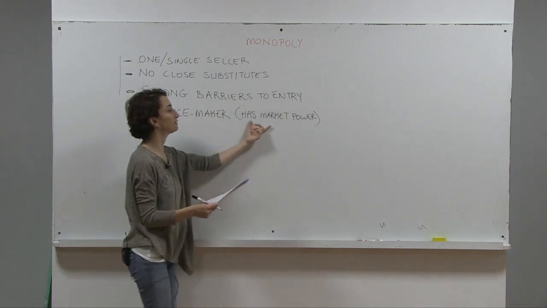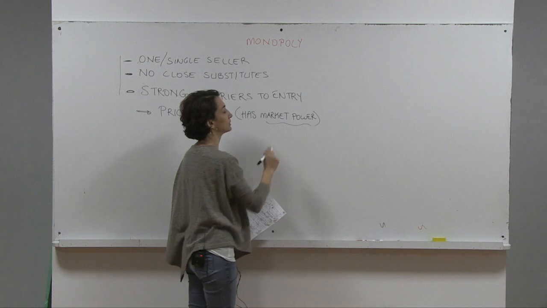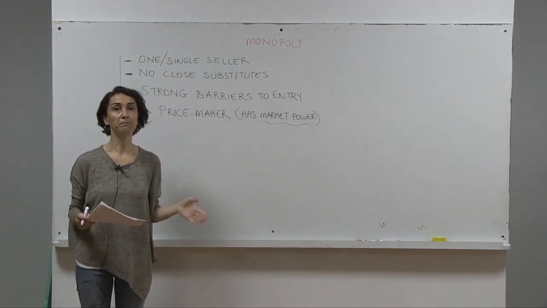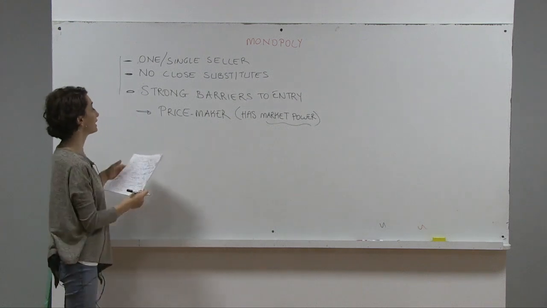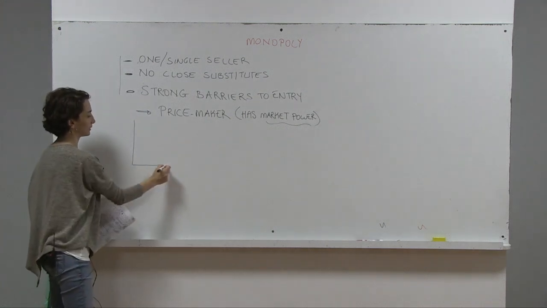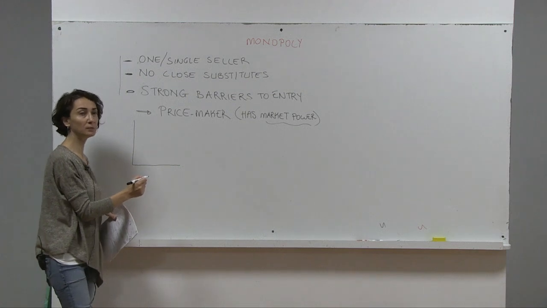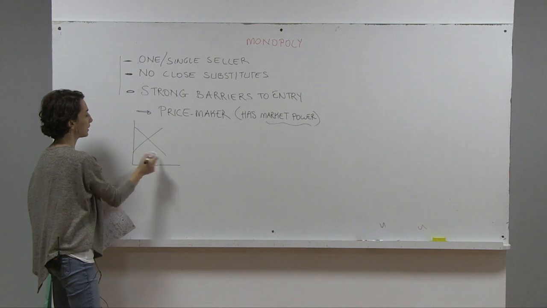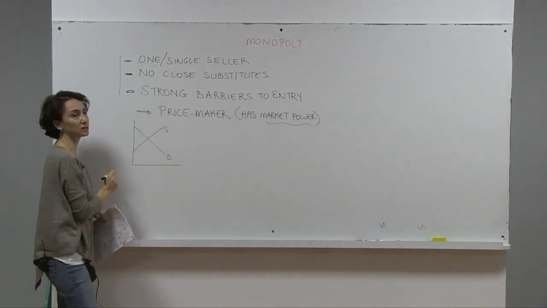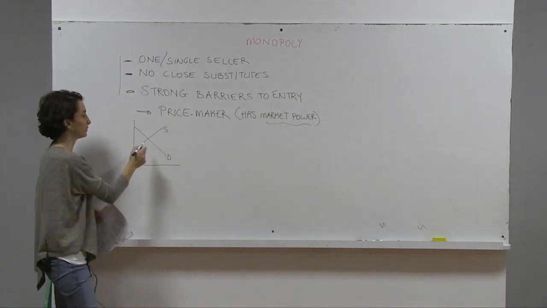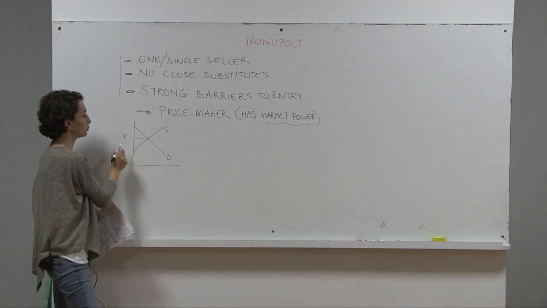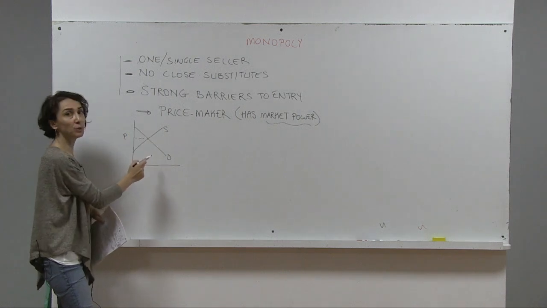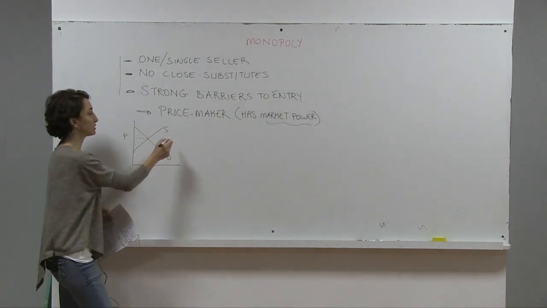Now, I want to talk a little bit about this. This firm has market power. What does it mean? Now, again, remember, a perfectly competitive market is really helpful for us to understand others. So this is market demand and this is market supply in a perfectly competitive market. And this is the equilibrium price that is the outcome of spontaneous interaction of demand and supply.